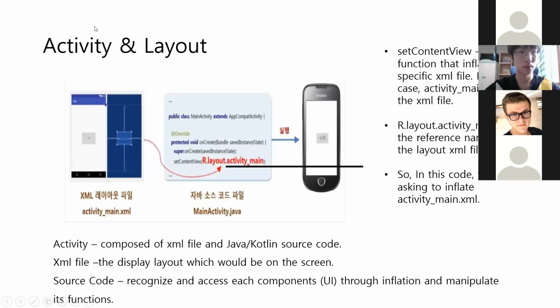So, what is activity? Activity is composed of an XML file and Java or Kotlin source code. The XML file is the display layout, which is what appears on the screen. The source code will recognize and access each component through inflation and manipulate its function.